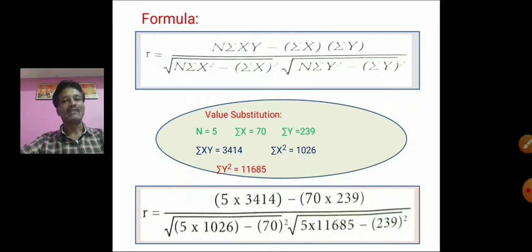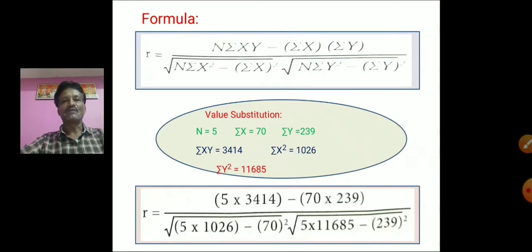I had given the values here: n equal to 5, sigma x equal to 70, sigma y equal to 239, and sigma xy equal to 3414, and sigma x square equal to 1026, and sigma y square equal to 11685.